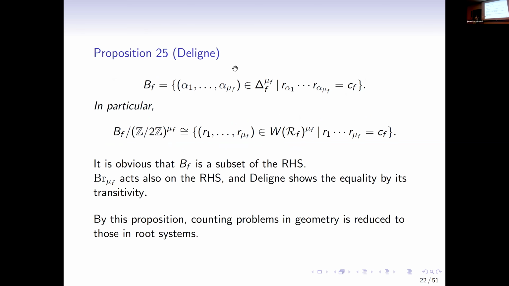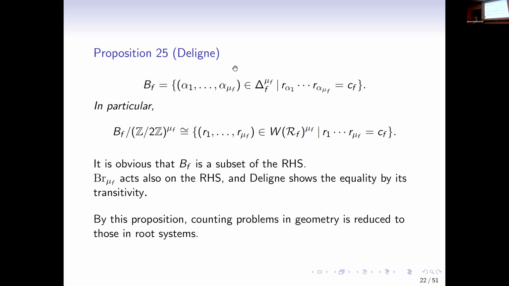Yes, so in the previous slide, I just said that a distinguished basis defines a root basis, but in the finite case, the opposite holds. This is known as the Deligne result.